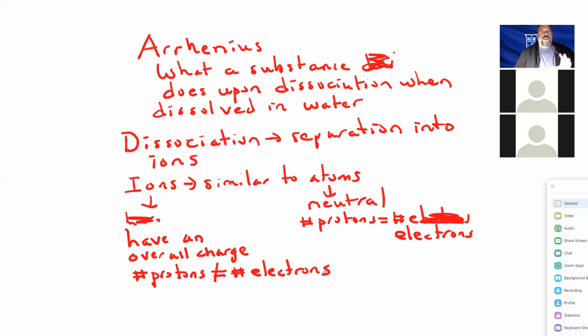So for Arrhenius, in order for us to look at an Arrhenius application, not only does the substance have to dissolve in water, but it also has to dissociate in water. Now, that's not all of it. Now comes the comparison of what we see for an acid versus a base.